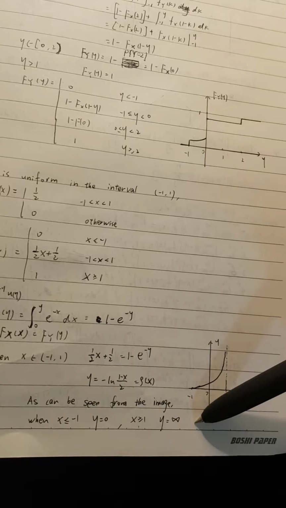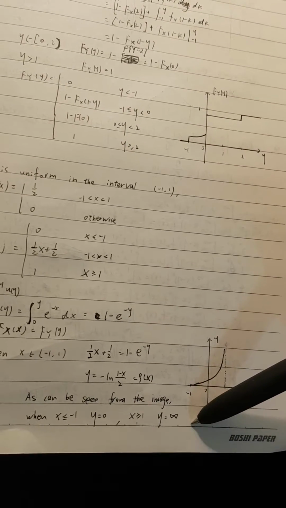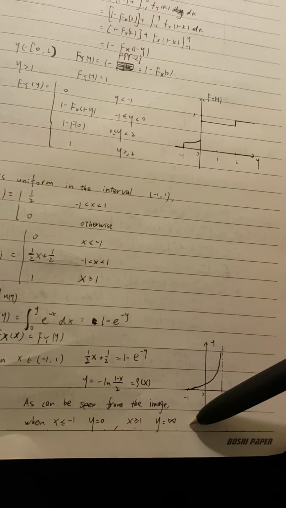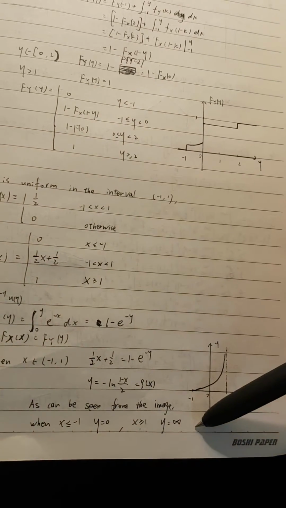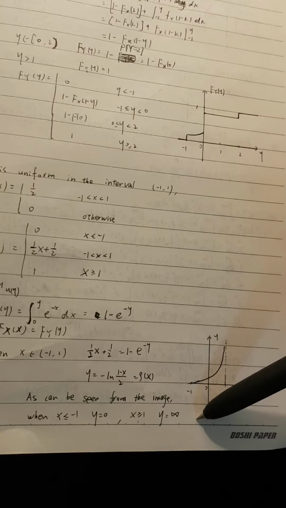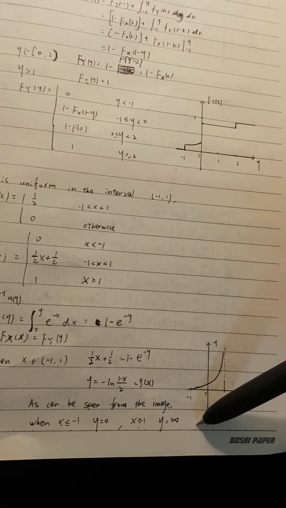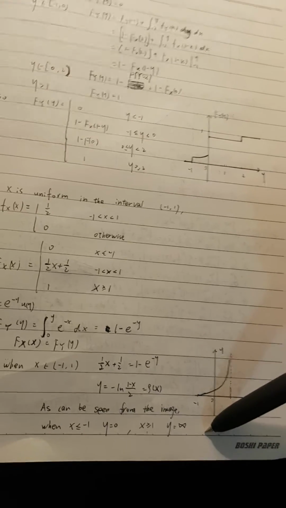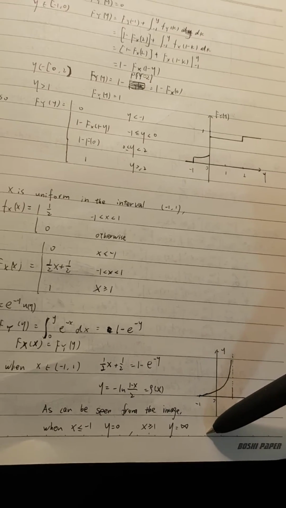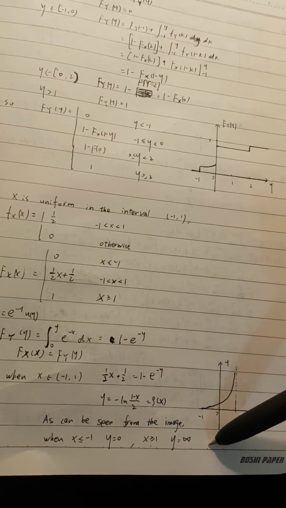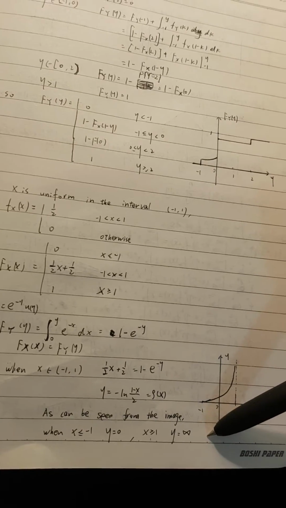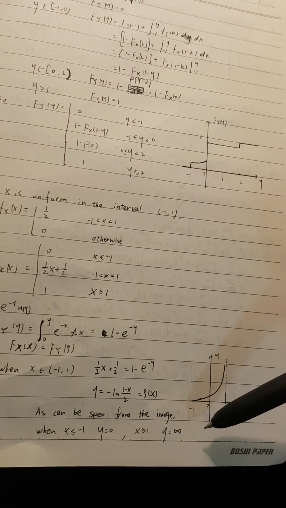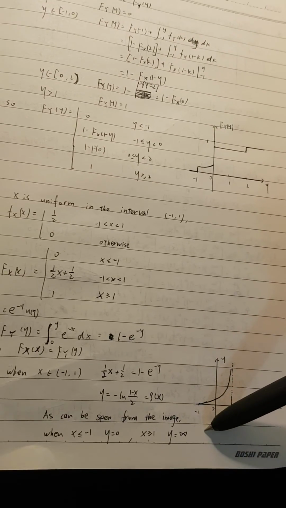But if x is bigger than 1, what's the value of y? When x is bigger than 1, I think the equality is invisible at that time. That's my question.